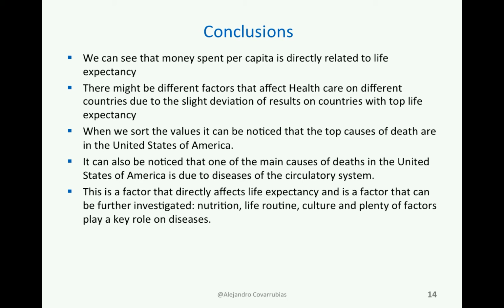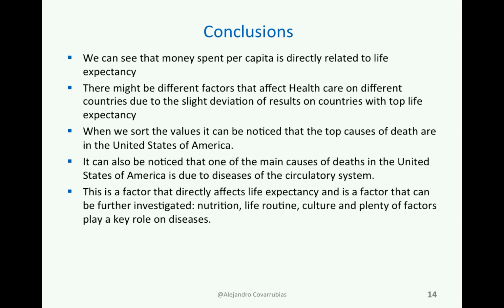When we sort the values, it can be noticed, for example, that the top causes of death in the United States of America are deaths related to diseases of the circulatory system. So that may be due to different factors. For example, we will have to investigate nutrition, the culture, the life routine, how people usually go about their day-to-day lives, because all of this plays a key role in these diseases and affects healthcare.